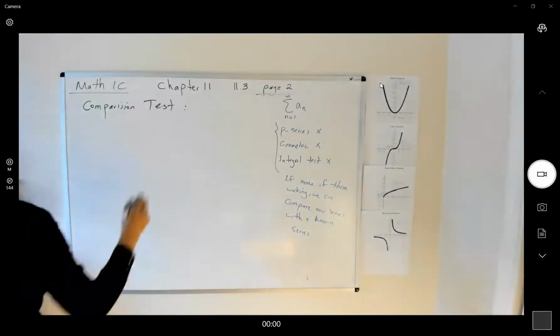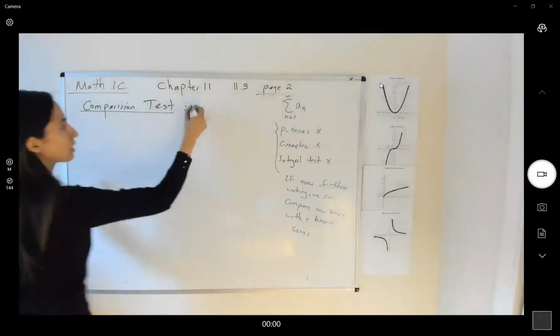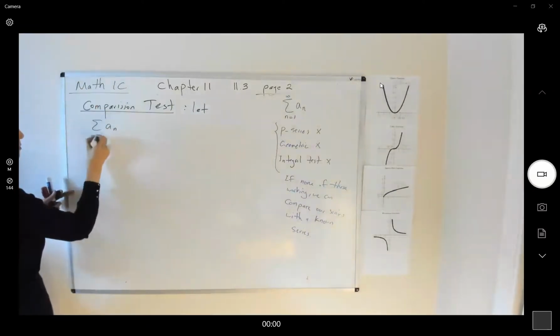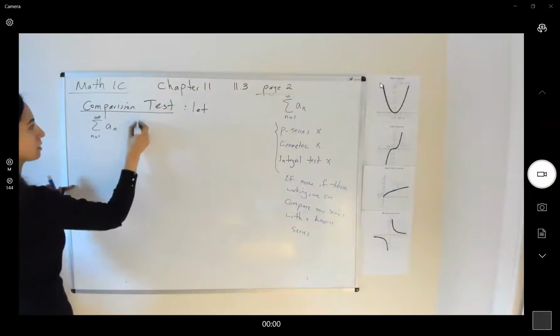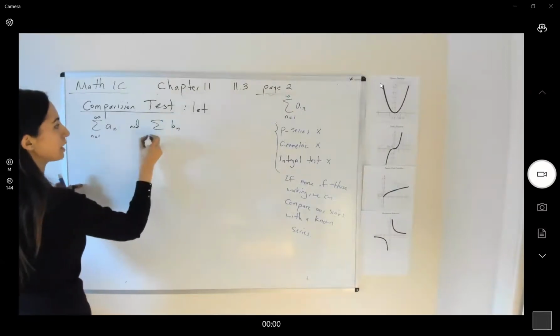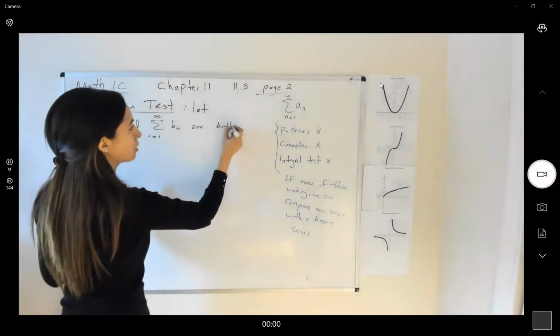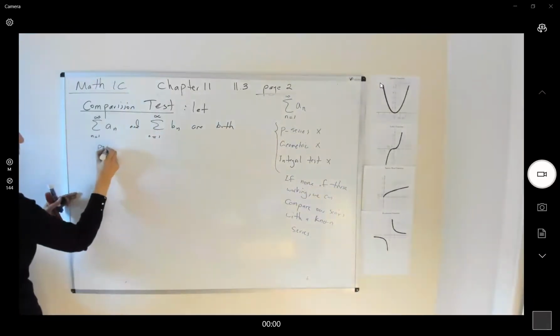So we say, suppose series A sub n and series B sub n are both positive series.